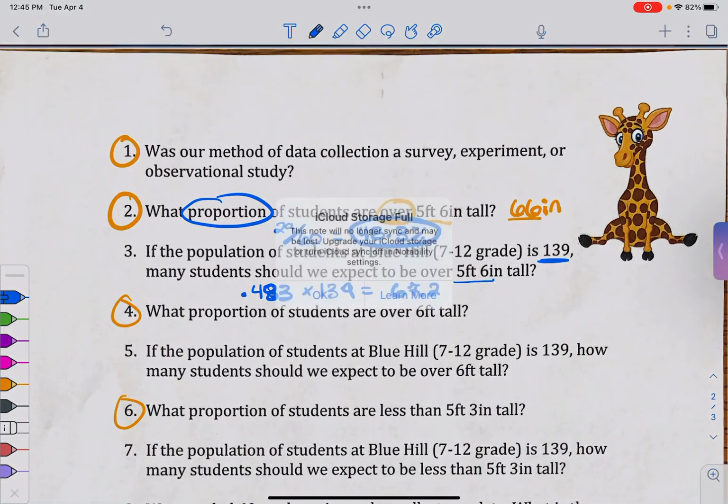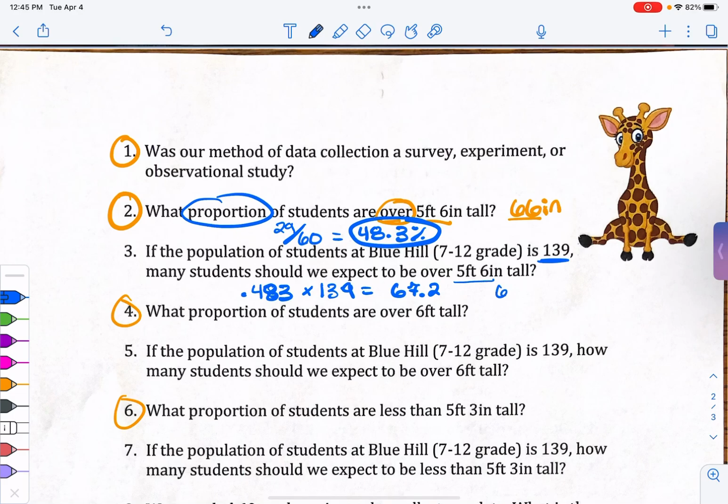So I would say 67 to 68 students would be over 5'6" tall out of this 139. Okay, so that's what I'm asking for on number 3.